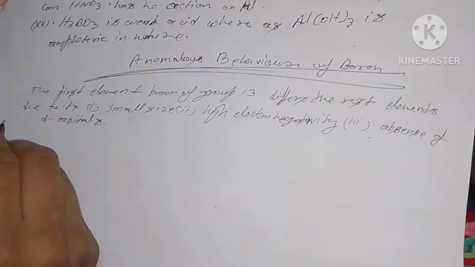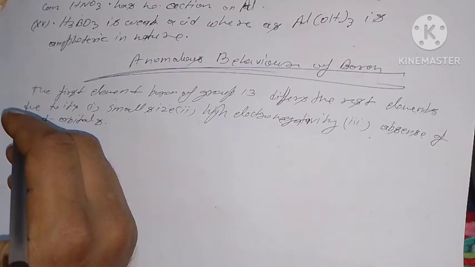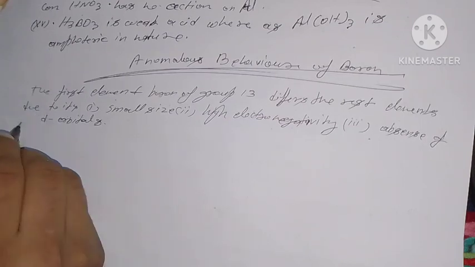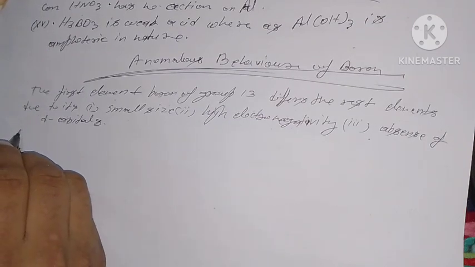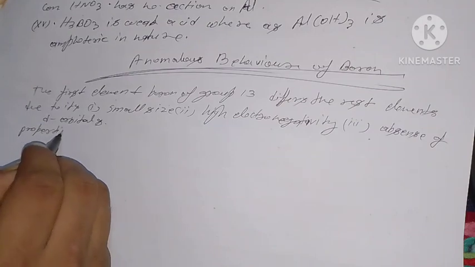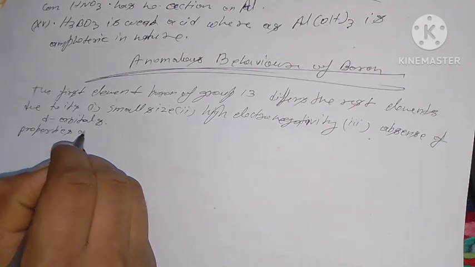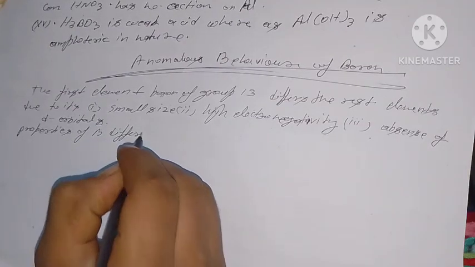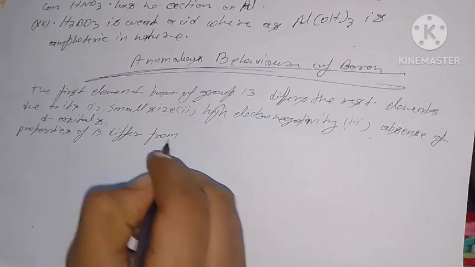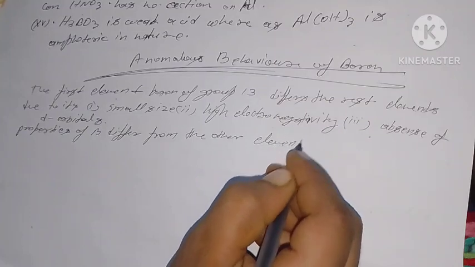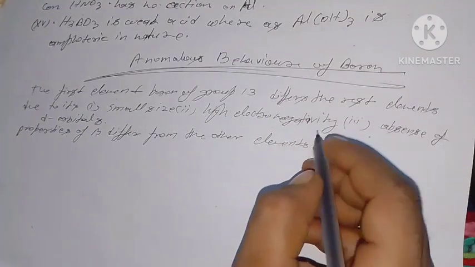Properties of boron differ from the other elements of group 13.